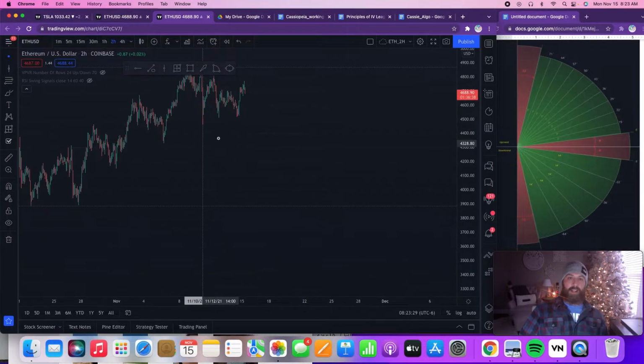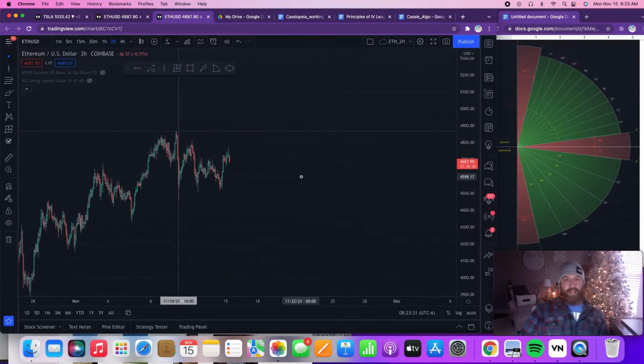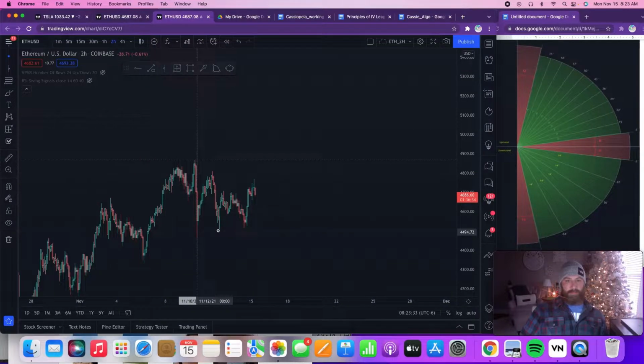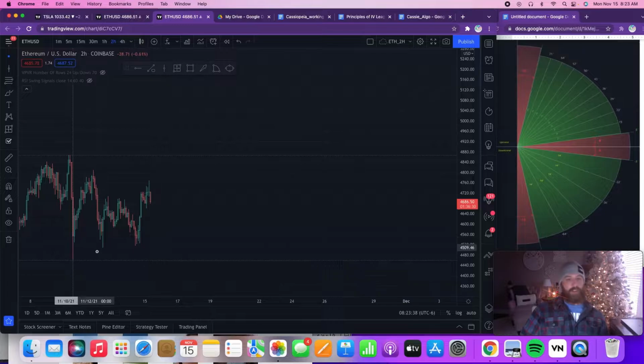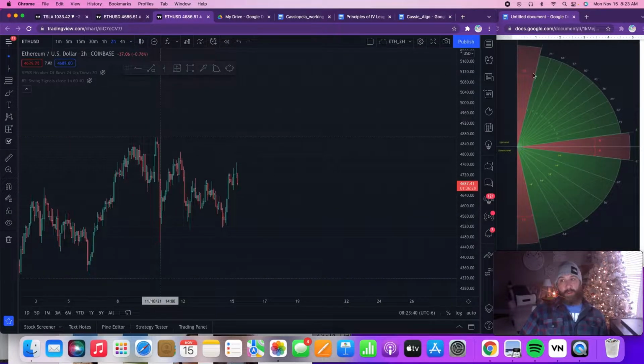But we're always going to have the backstop, always setting up. We're making sure that we're using the Rain Man Fan's angles to always know where our support and resistance is on any time frame, on any chart. It's the angles.